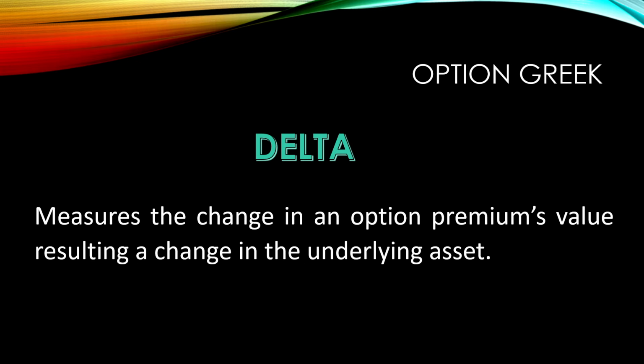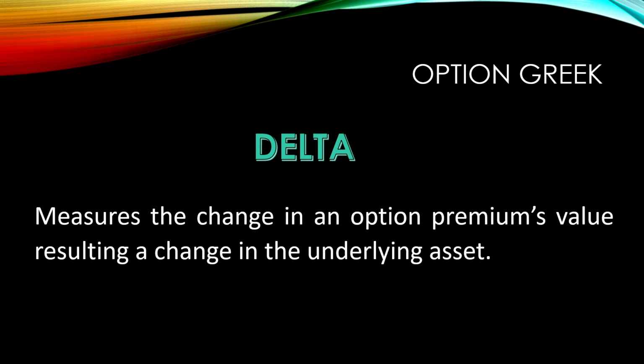Let's take the same example of Tata Motors. Tata Motors is trading at 595 rupees. You are buying a call option, strike price Tata Motors 600. It's almost ATM, at the money. In this case, let's say the premium is 100 rupees.